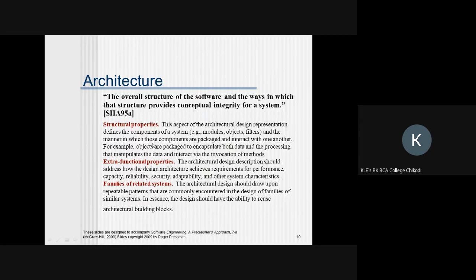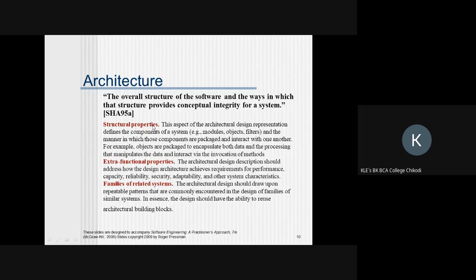Architecture. The overall architecture of the software and the way in which that software provides conceptual integrity of a system. Architecture is nothing but, as you all know, in modularized design, the modules are integrated and made into a complete system. Internally, if each and every module is exhibiting its work properly, then the complete system will work properly.